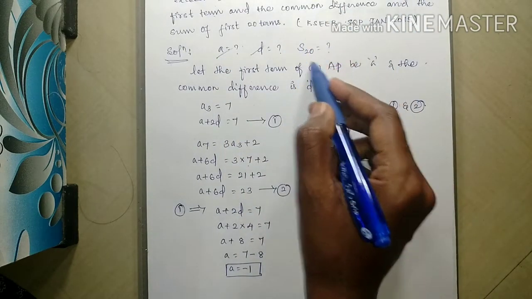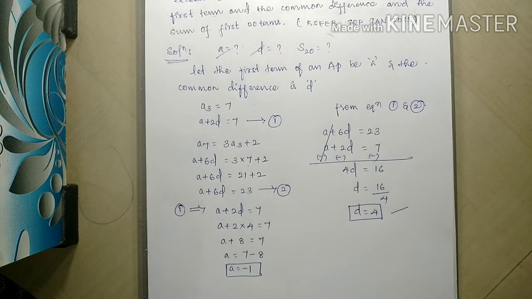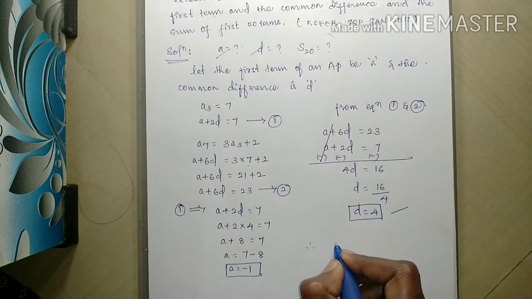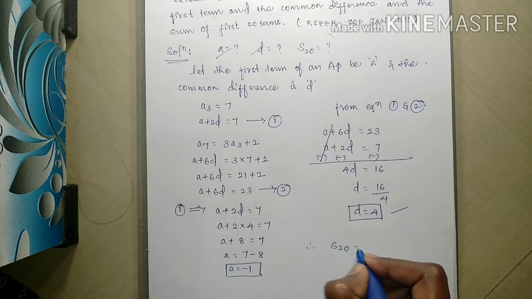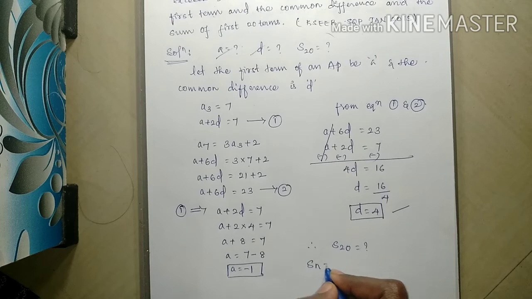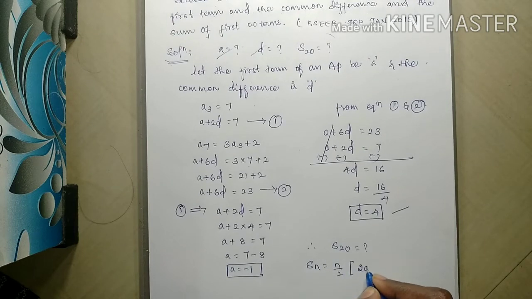So now we found the value of A also. Now we need to find out the sum of the first 20 terms. So the sum of the first 20 terms is equal to question mark. The Sn formula we know: n by 2 into 2a plus (n minus 1) into d.